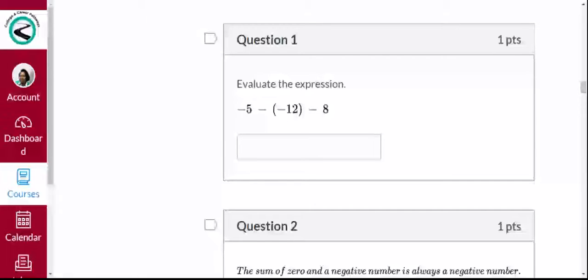The next strategy I would use is to take -5 and -8 and add those together. So that gives me -13 that I'm going to add to positive 12. Now, the rule for adding a positive and a negative is to take the difference between the two numbers, the 13 and the 12, and that gives me 1.